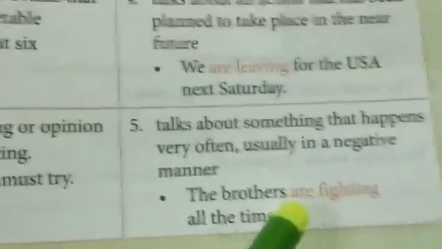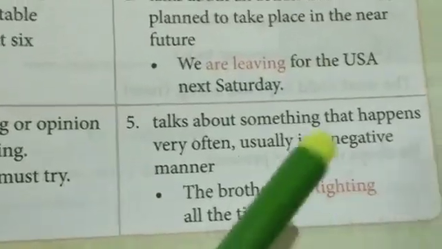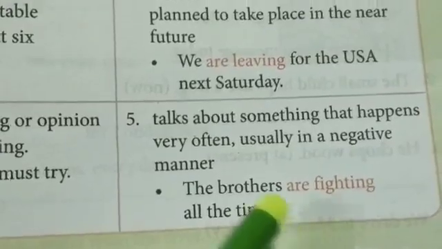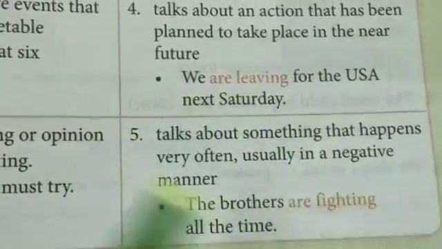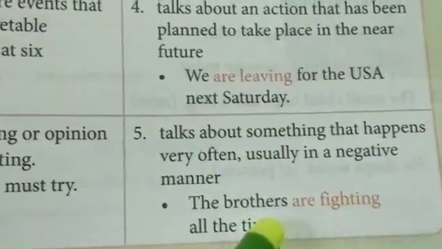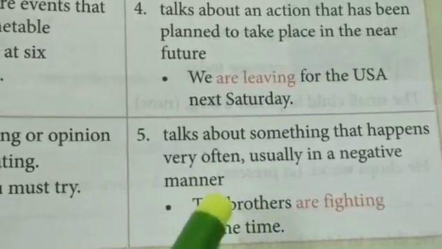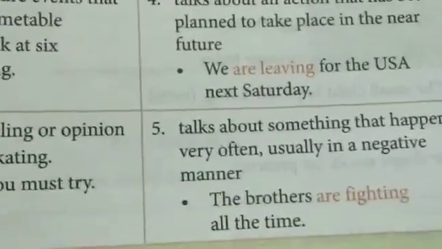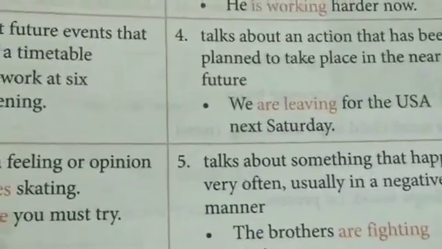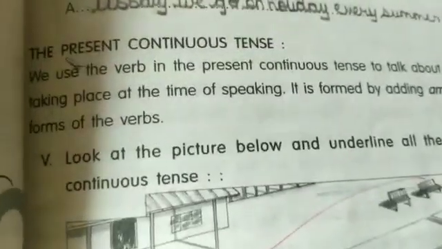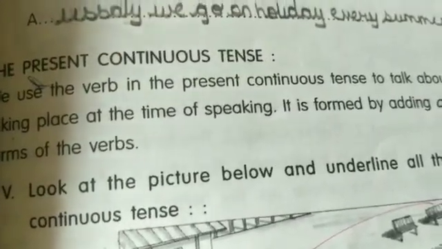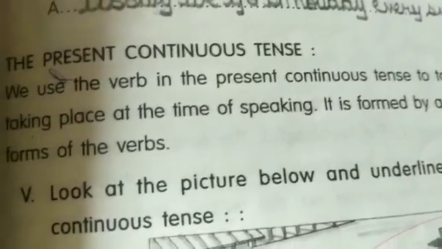This is not a good thing. Fighting is not a good thing, but they are doing so all the time. So to indicate that negative manner in a sentence, we use present continuous tense. So these are some of the differences. I hope you have understood. Now I hope that you have understood about the present continuous tense.